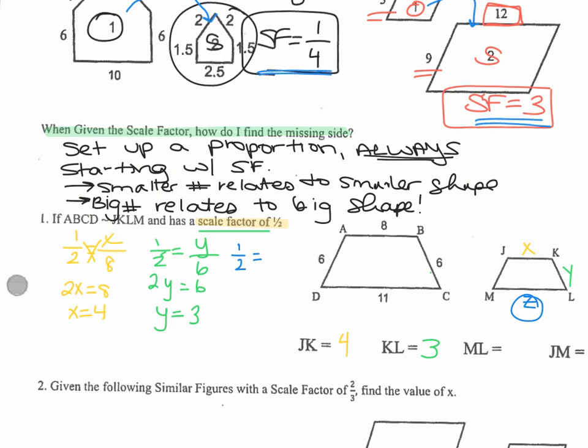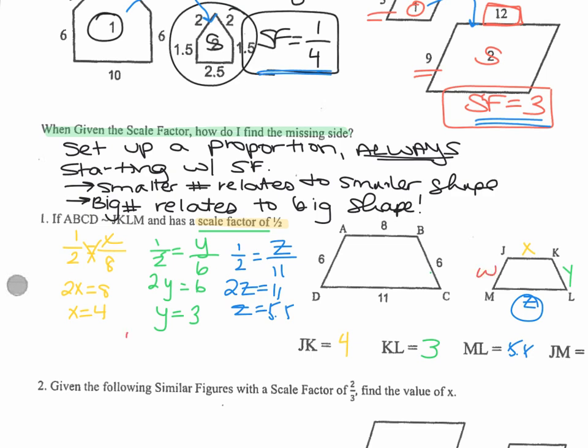Well, it's the small shape, so the small shape goes on the top because the smaller number's on the top of my scale factor. Z corresponds to 11. Cross multiply, I have 2Z equals 11, so Z equals 5.5. So ML is 5.5.